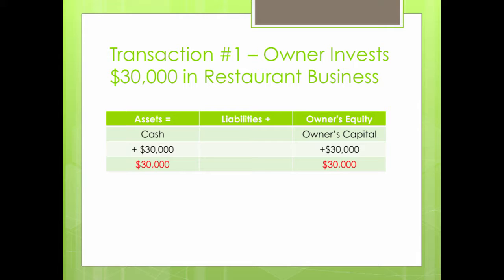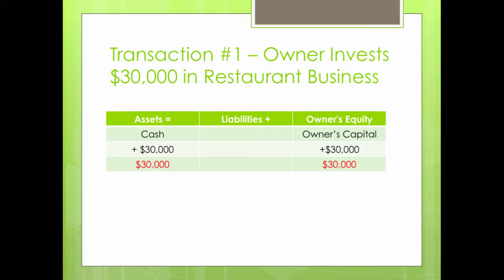In other words, you are going to know if you did something wrong in your homework assignments if assets does not equal liabilities plus owner's equity. So here's transaction number one. Owner invests $30,000 in a restaurant business.